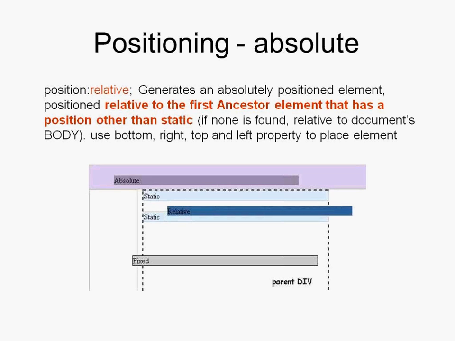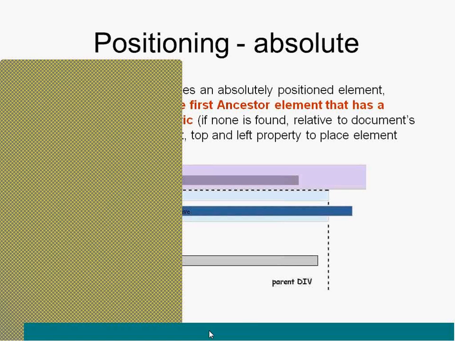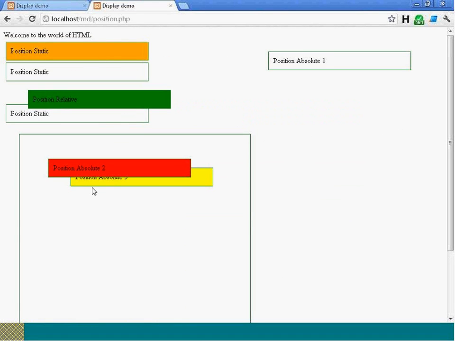Absolute, as the word says, is absolute to the ancestor element that has a non-static positioning. Okay, this is going to be challenging, but still we'll try. Don't worry. I have some other examples. Let me just go to examples, because it looks like people are not getting it.